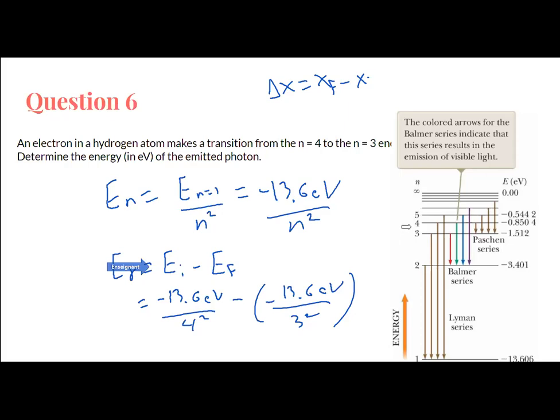Because despite all of these being negative energy states, the fourth level has more energy than the third. But for the formula to work out to a positive energy, since a photon does get emitted, positive energy does come out from the transition, the formula is written as the initial energy minus the energy of the state you transition to.